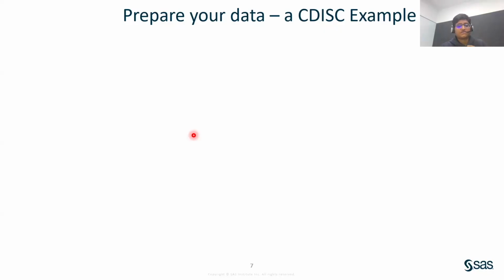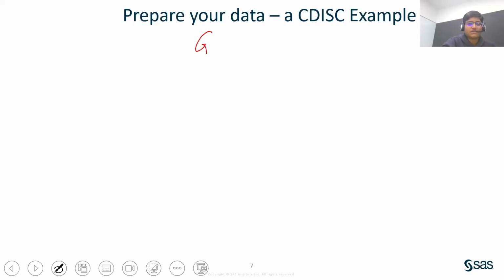Now, these two bodies of reviewers are not going to review your data if your data is not in a harmonized format. So a very classic example of this would be, let's take up gender as a variable. And here I am not talking about the social gender. Let me just correct myself. I'm talking very much about biological sex, because the moment you talk about medical sciences, the first preference goes to your biological sex.